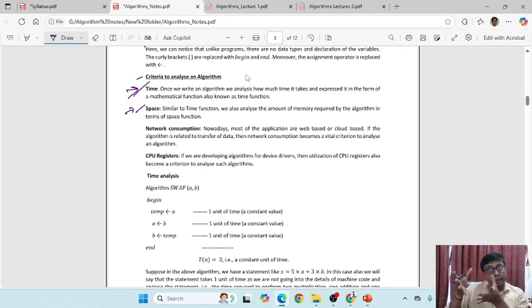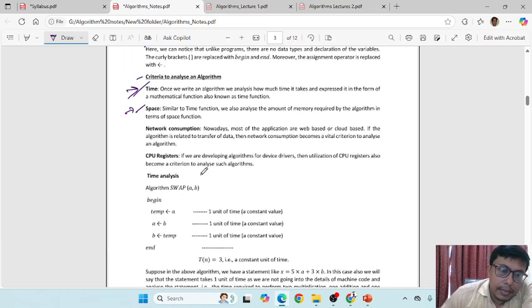And we analyze those bounds with the help of a time function which is expressed mathematically and then solved using certain techniques. That means you have the substitution method, the tree method, or the master's theorem that you will see subsequently.